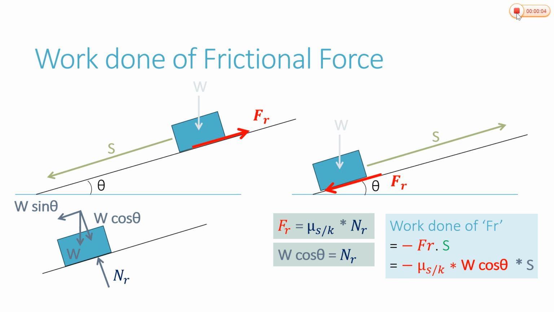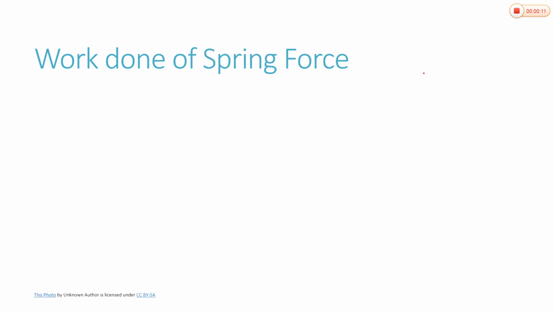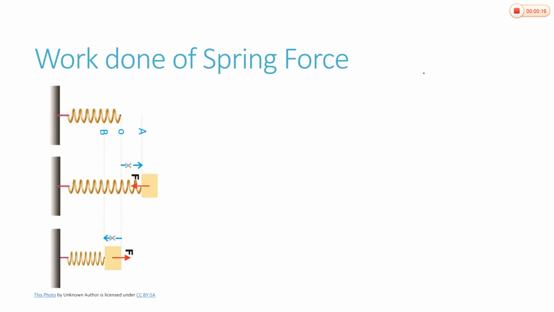Now we'll see the work done of the next force, that is the work done of spring force. First of all we need to understand whether there is any force in the spring.